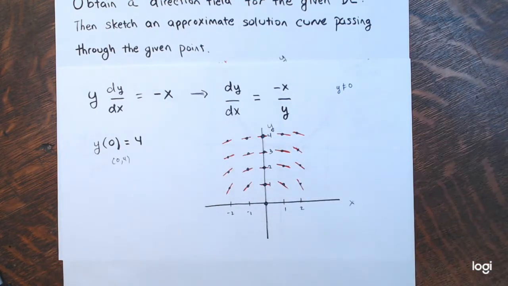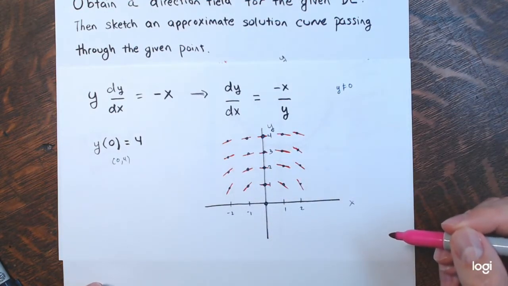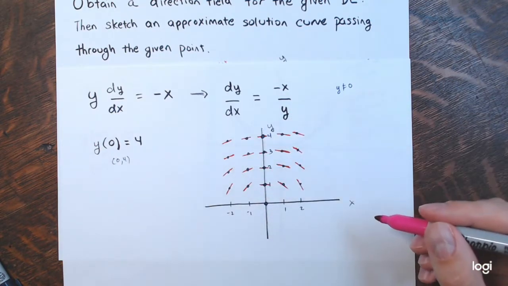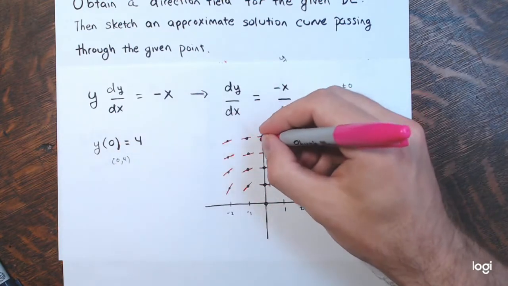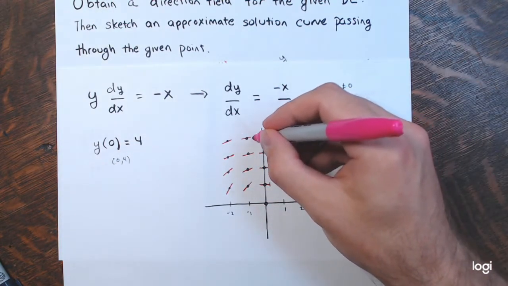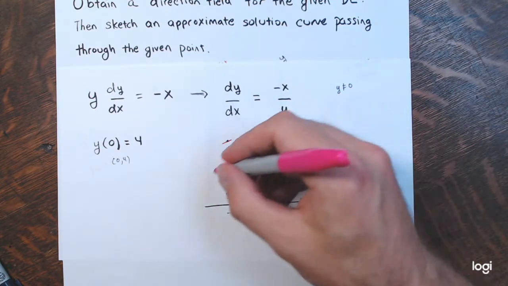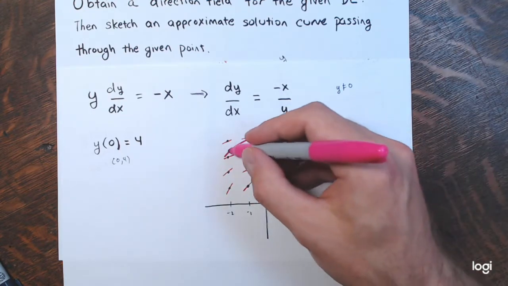All right, so we're asked to, now you're not seeing the whole picture here. Again, drawing these things by hand is very tedious, and even this is crappy, all right? But I got the point (0, 4) on some solution, and it looks to me like I would follow along this way, going that way, and follow this way. If I'm following these arrows, following all these directions, now I'm only getting this part of it.